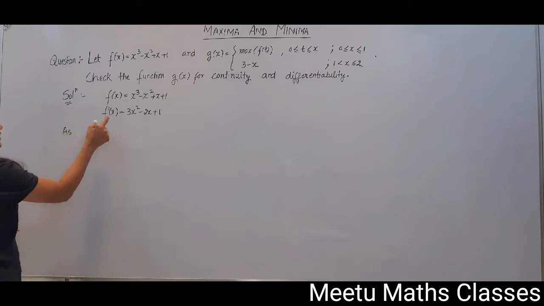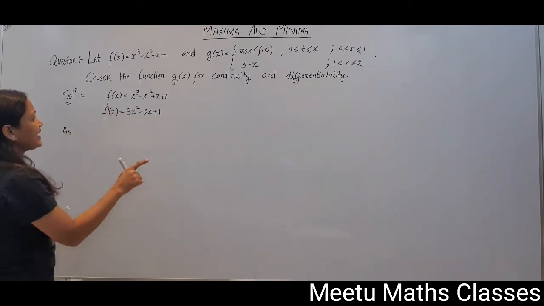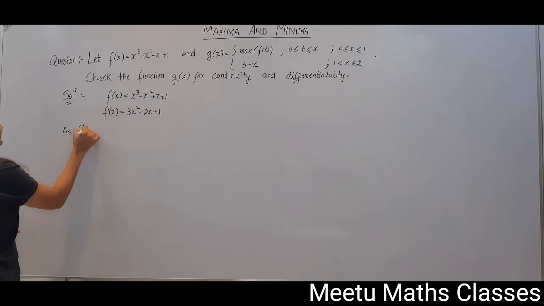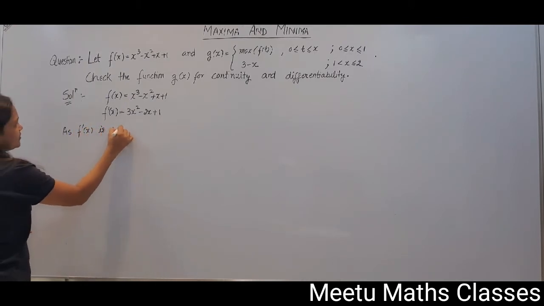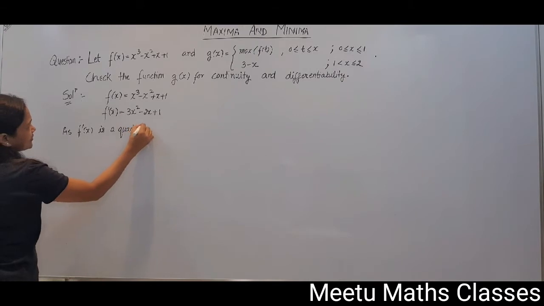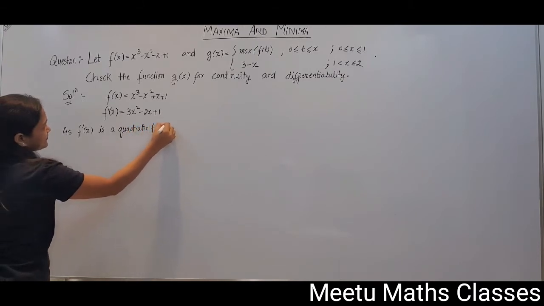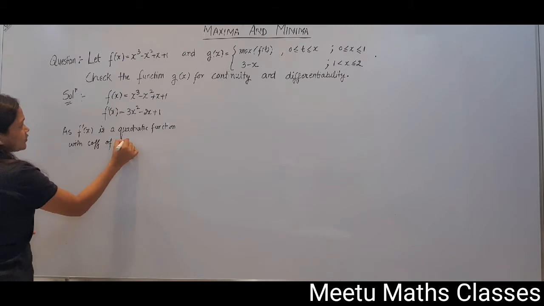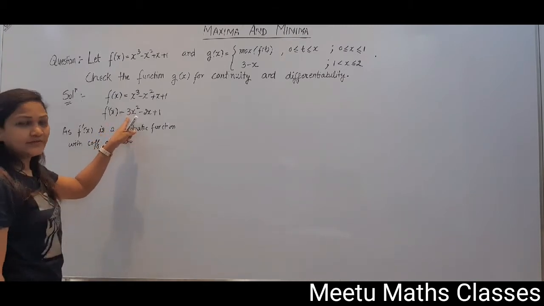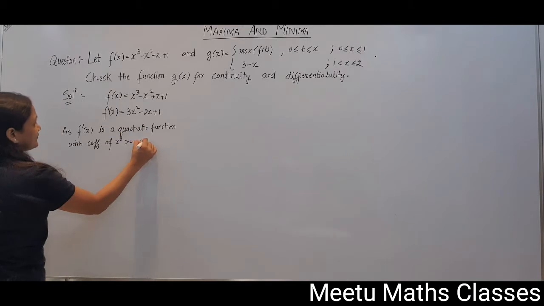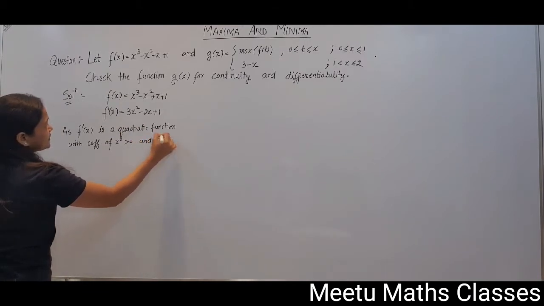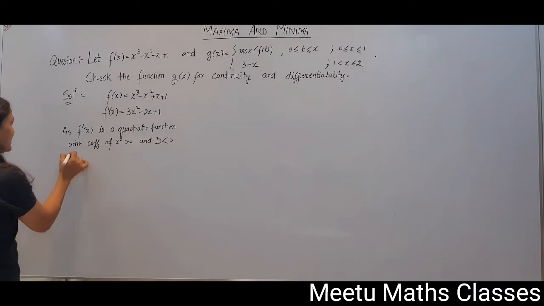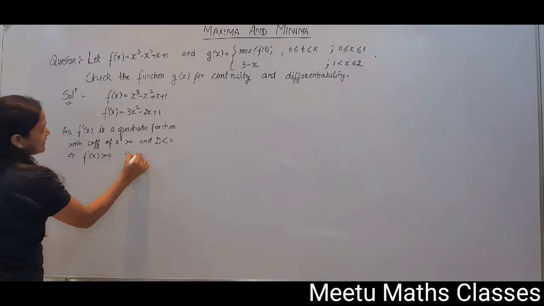As this derivative function is a quadratic function with the coefficient of x square positive, and the discriminant of this quadratic is negative, that implies your derivative function is always positive for all x.